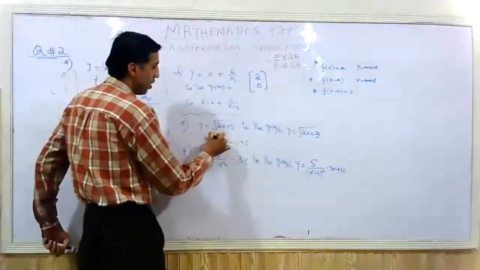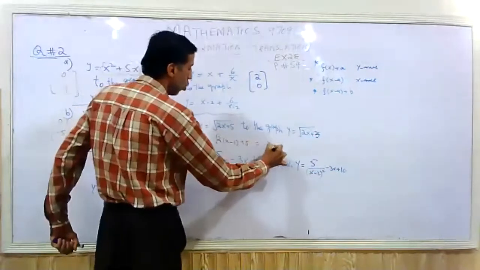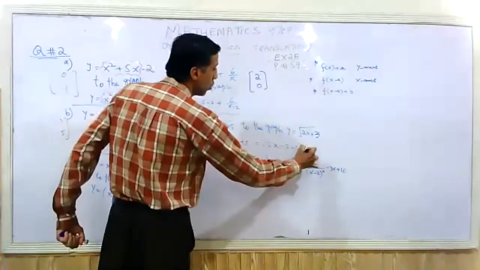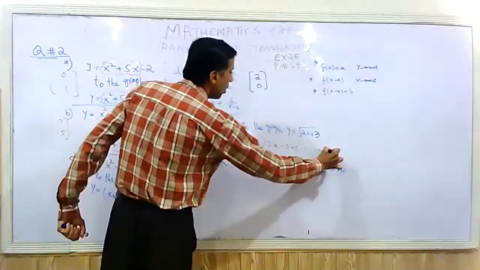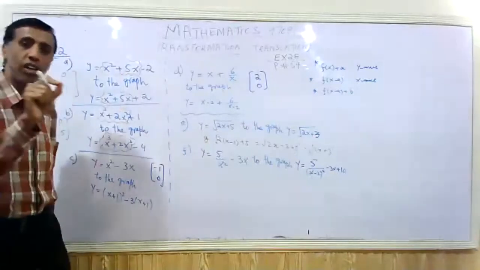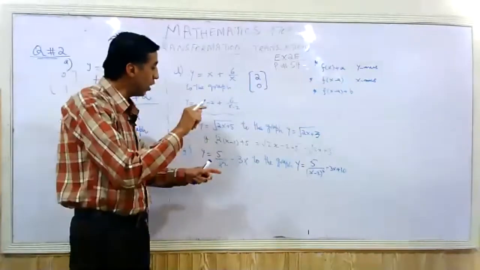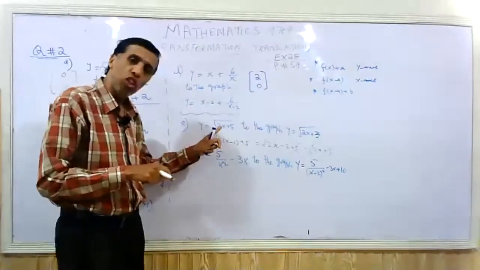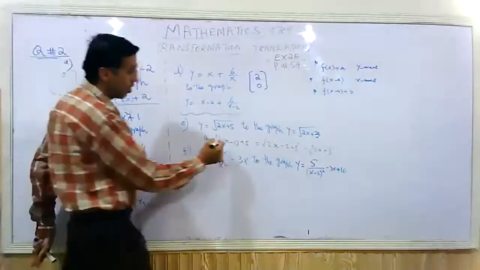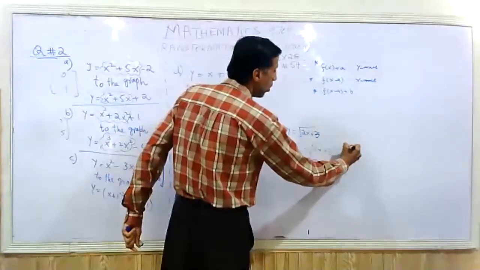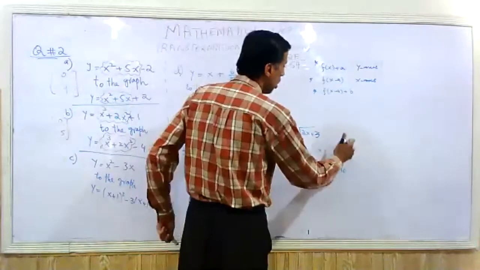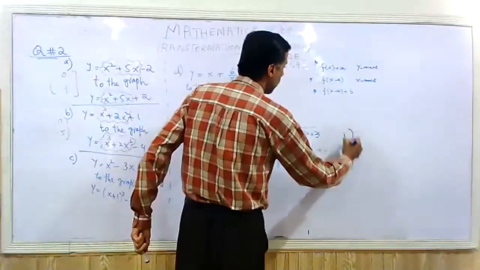Just solve it: 2x minus 2 plus 5, you will get the image equation. The translation should be that thing. If you apply the translation to the object equation, the image equation should come. So my translation here would be 1, 0.